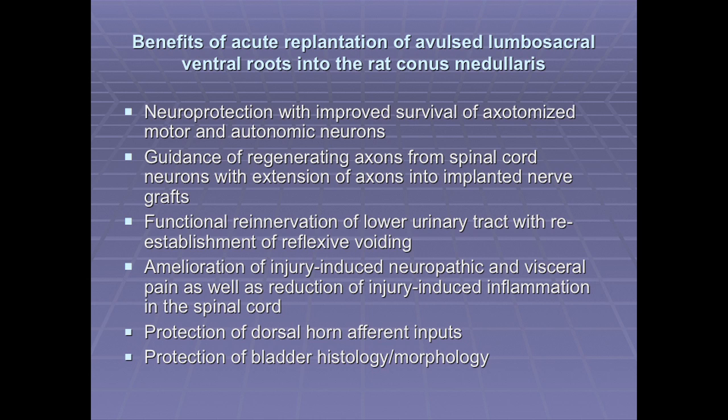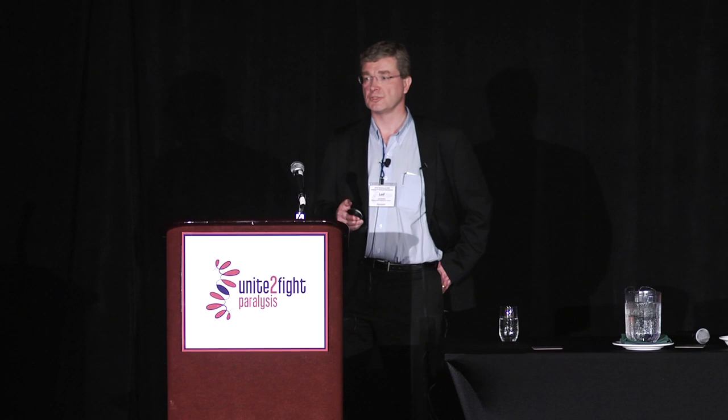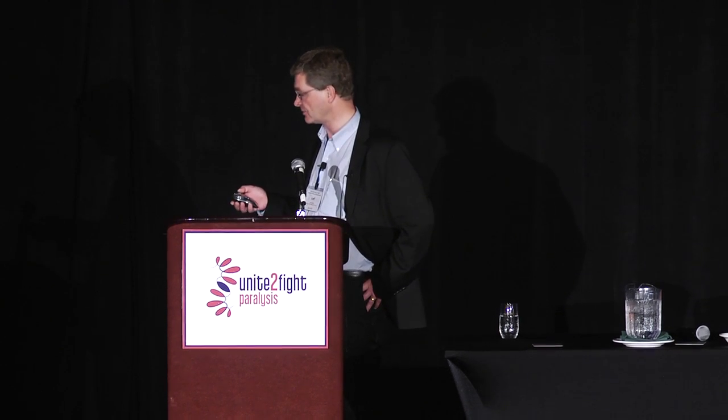And so some of these may even in isolation be significant as far as potentially being able to reverse injury effect and improve quality of life for people with these kinds of injury.